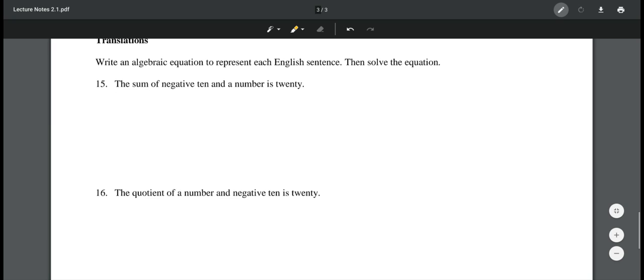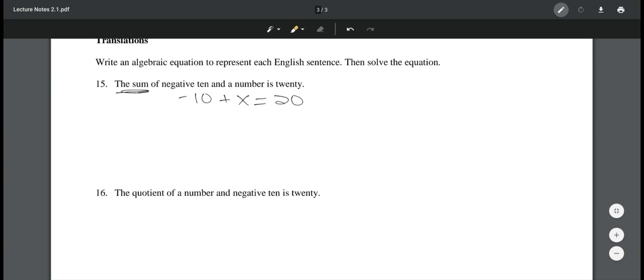Now, for the last few examples, we are going to write an algebra expression and then we are going to solve the problem. So in these 2 examples, I have the sum of what? The sum of -10 and a number is 20.